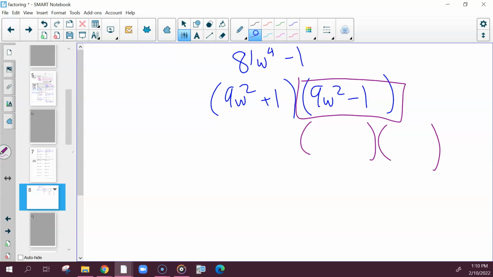3, which times what gives us w squared, w, and then 1.